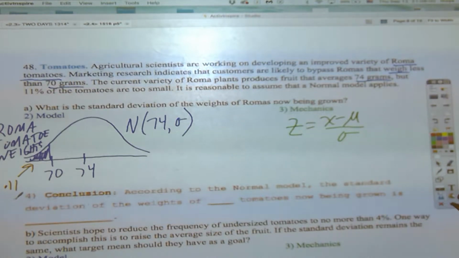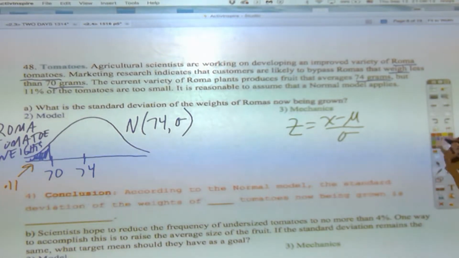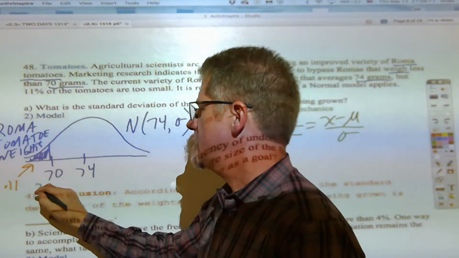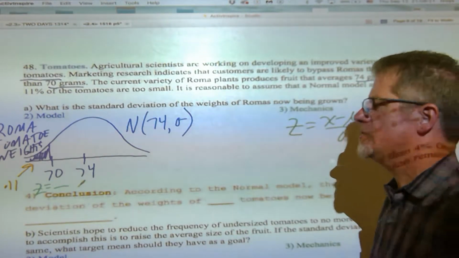So what's the standard deviation? Let's find out what the corresponding z-score is for 70, and inverse normal can do that.